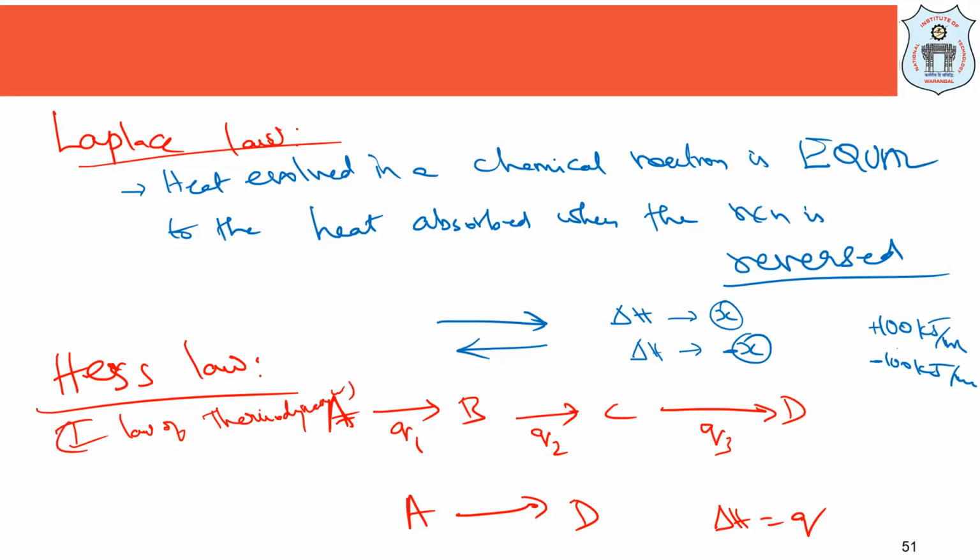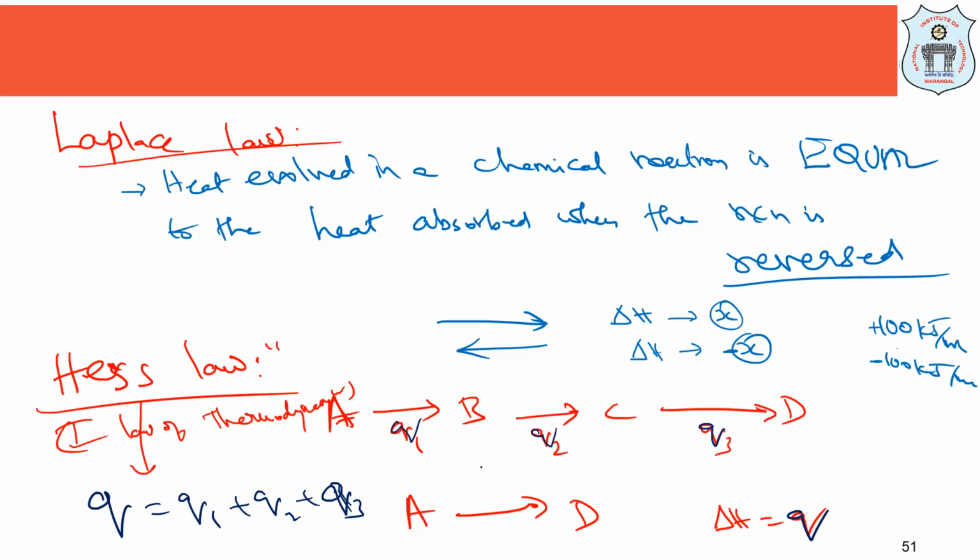Okay, so when A is directly forming the product D, the delta H is Q, and if A is giving B, B is giving C, C is giving D, where Q1, Q2 and Q3 are the respective heats of the reactions, then according to Hess law, Q is equal to Q1 plus Q2 plus Q3. Okay. So this is the Q, and this is your Q3, Q2, and Q1.